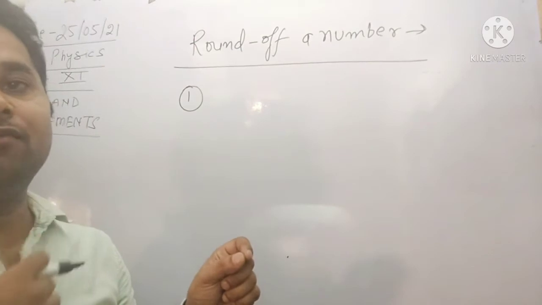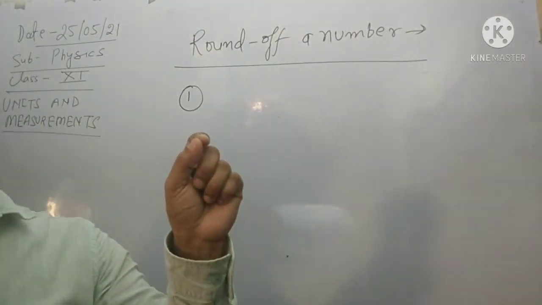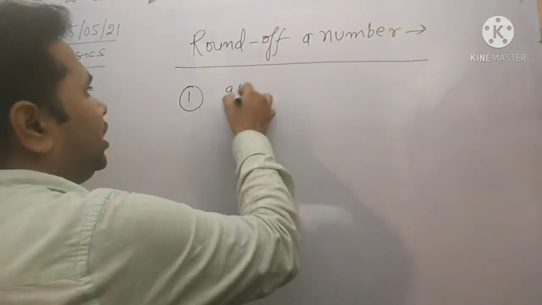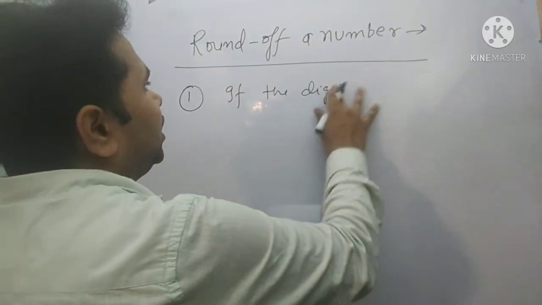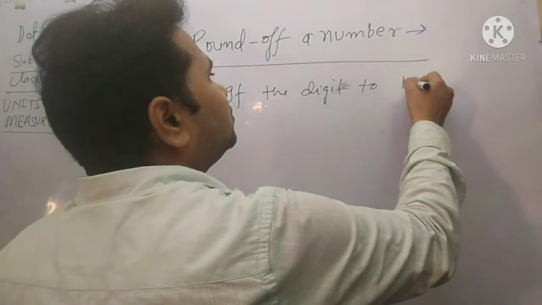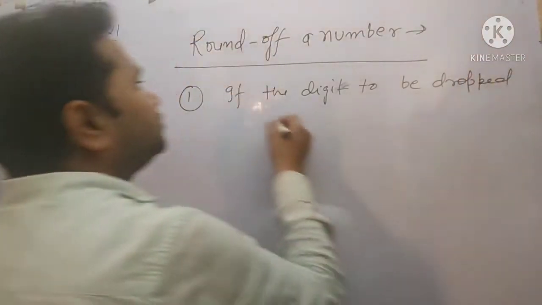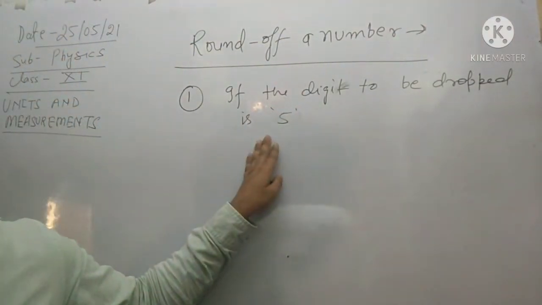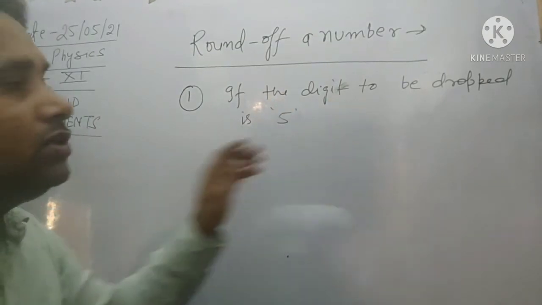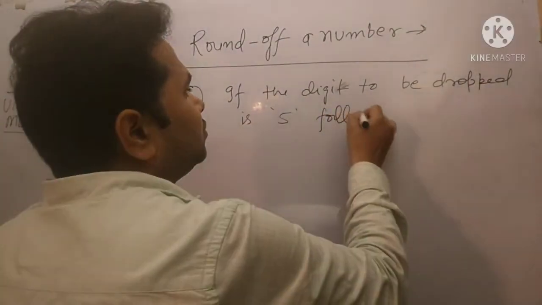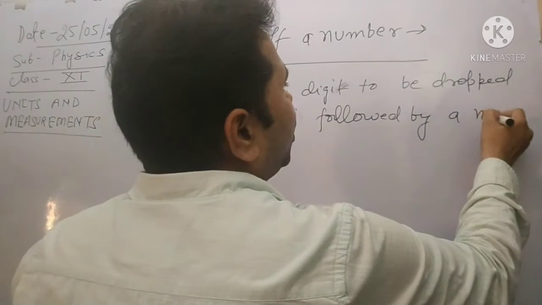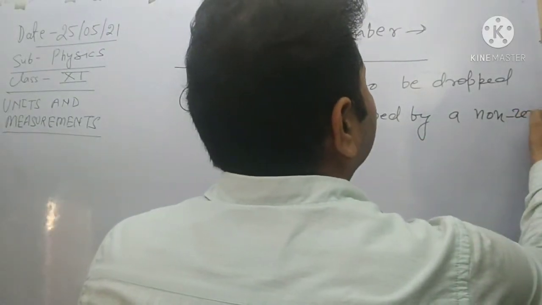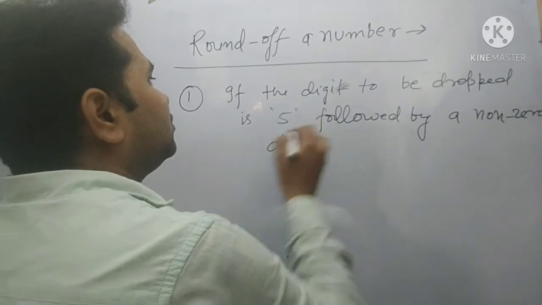suppose we have to drop the digit 5, ऐसे कह दो, if the digit to be dropped is equal to 5, जो dropping digit है that is just 5, and followed by a non-zero number, जैसे कि अभी लास्ट एग्जाम्पल में मैंने एक्सप्लेन किया हुआ था, is 5 followed by a non-zero digit, ठीक है.